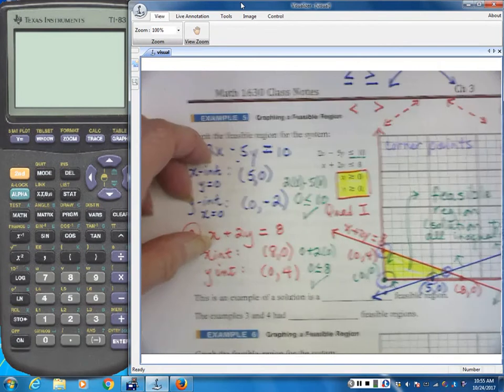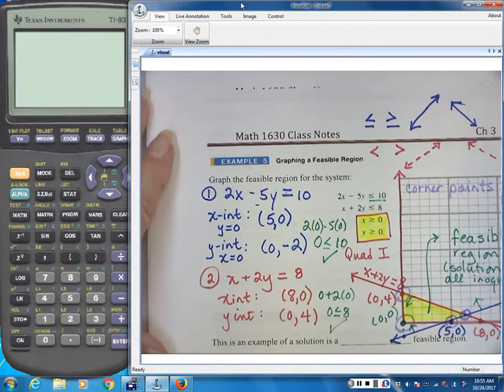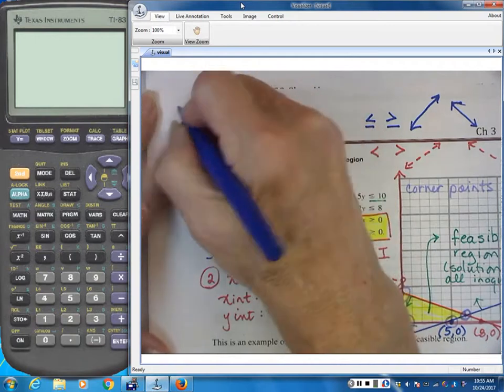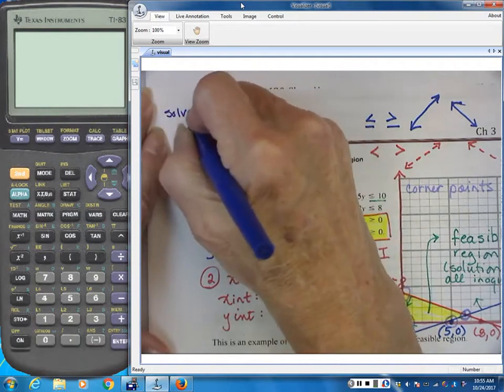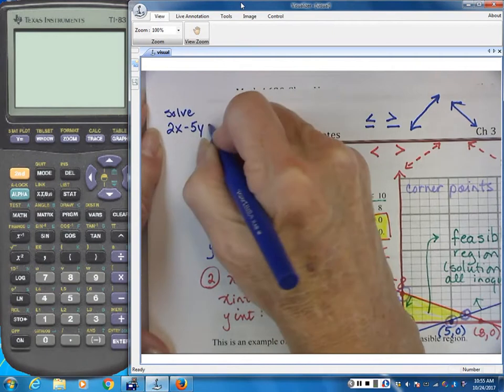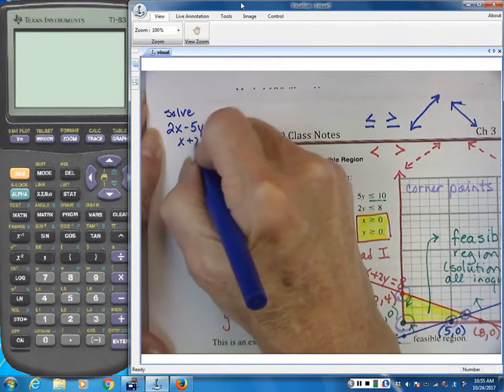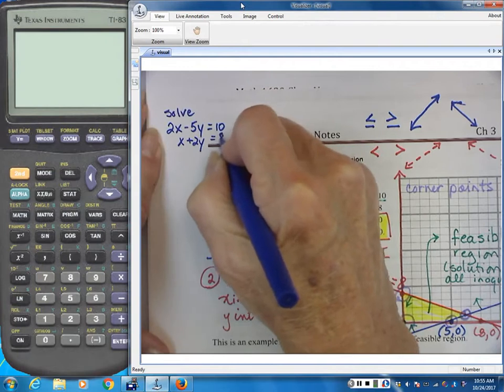So in order to solve that system, we're going to go back and do things the way we would have done them in Chapter 2. We're going to solve 2x minus 5y equals 10 and x plus 2y equals 8 using matrices.